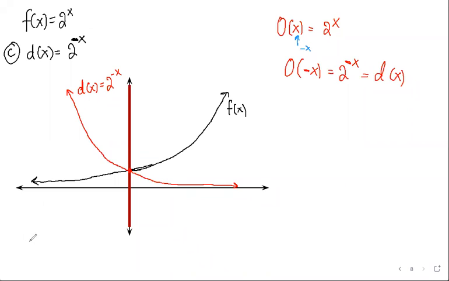Here my function is: graph the function s of x equal 2 to the, I'll make it simpler, x minus 1. So look, the minus is inside the exponent. Okay, this is an exercise for you. So with this, we finish this section.